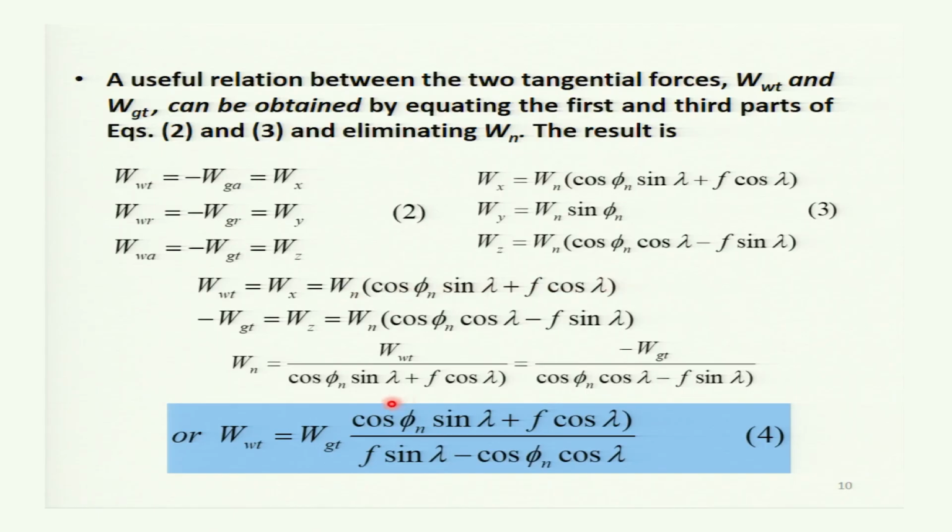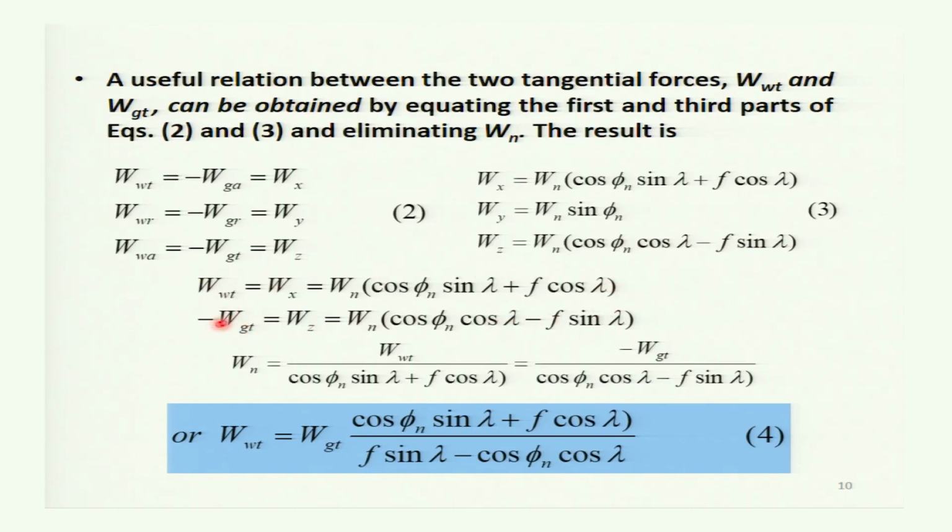And the tangential force on the gear is actually acting in the z direction, Wz, and Wz is given by this formula. So, it is repeated here. So, we have an equation for Wwt, the tangential component on the worm, and the tangential component of the gear.